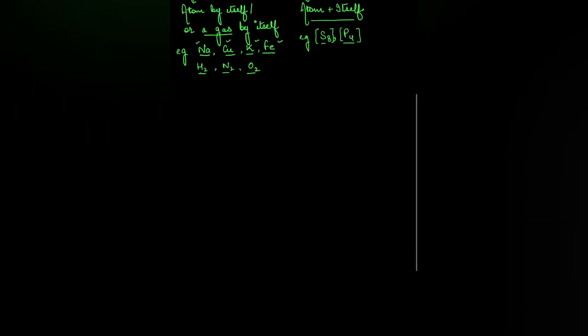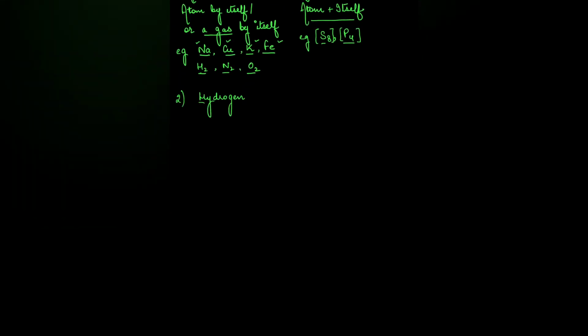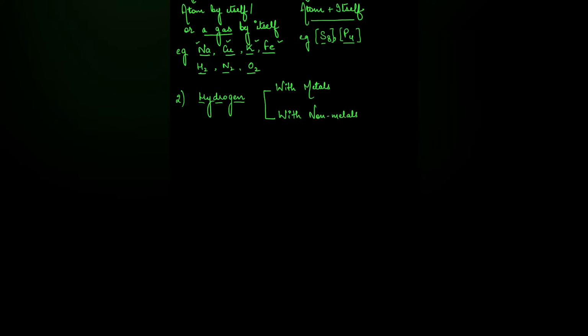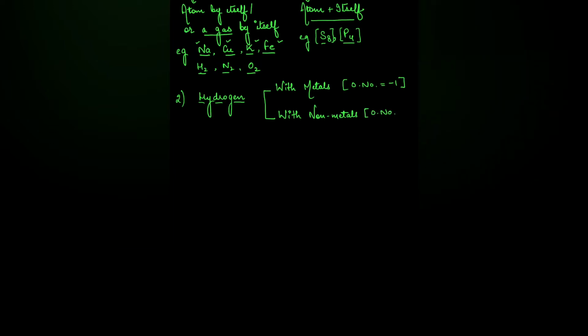Now the second rule, in case of hydrogen, the oxidation number is bifurcated into two cases, that is with metals or with non-metals. So with metals, the oxidation number of hydrogen will be taken as -1, and with non-metals the oxidation number will be considered as +1.